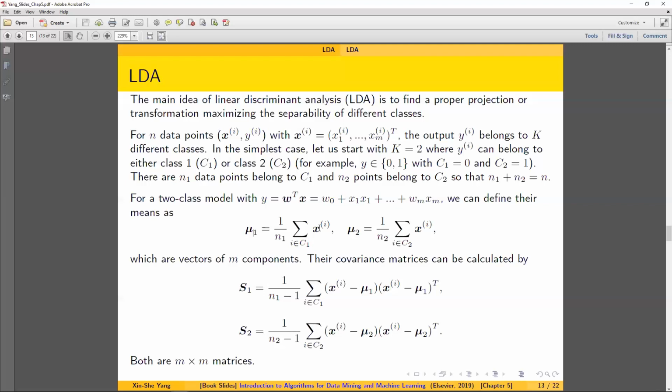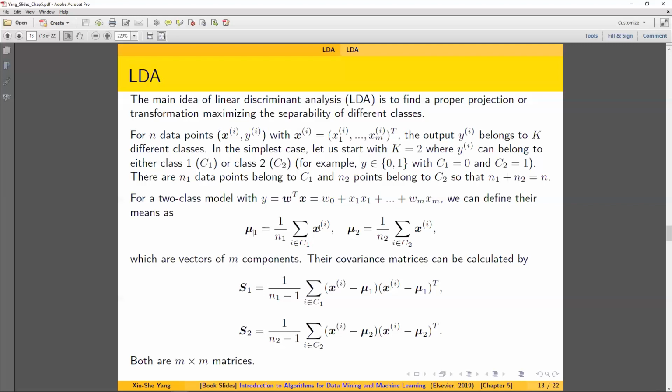They would have different centroids or different means. And then you use the observations for the first class in the first cluster, use each observation minus the mean, and calculate the within cluster variance of the first cluster. Same thing for the second cluster, which would be the S2 that we are calculating here.